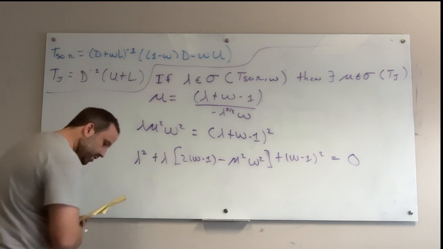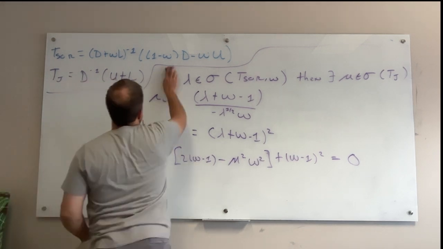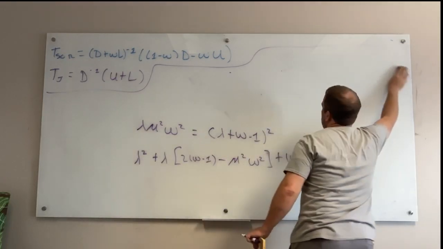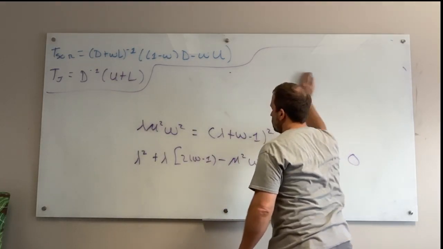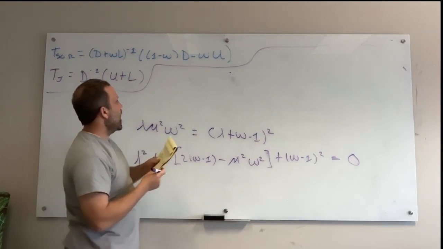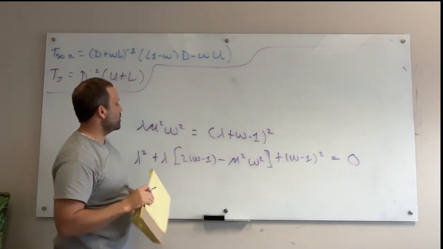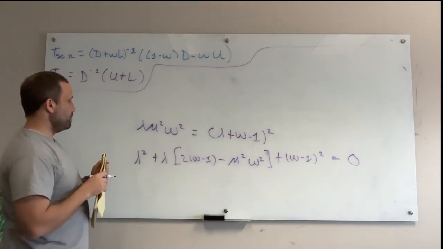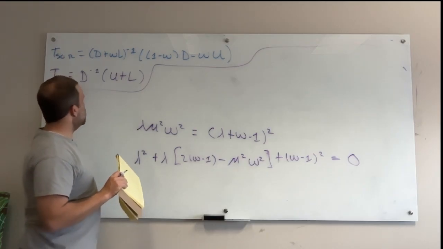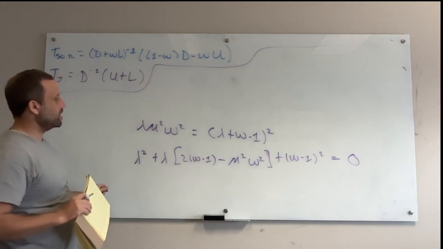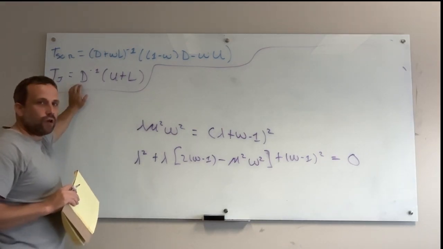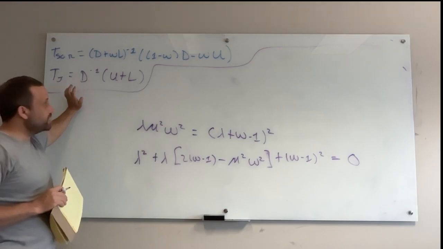I'm going to rewrite this equation, and I'm going to call rho j the spectral radius for the Jacobi matrix. For a given parameter omega, the eigenvalue of Tj that's going to give me the biggest lambda eigenvalue is going to be the biggest eigenvalue in absolute value of the Tj matrix.